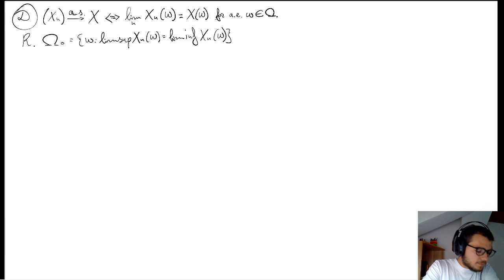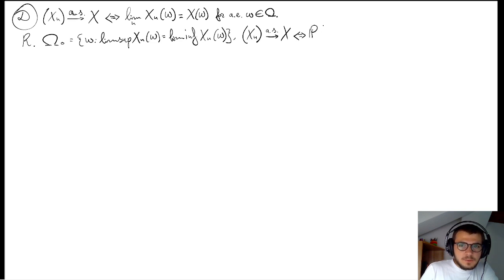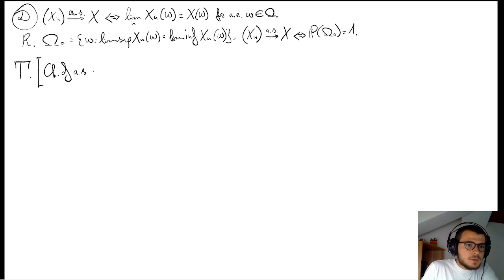Then Xn converges almost surely to X if and only if the probability of Omega 0 is 1. So if and only if Omega 0 is an almost sure event, and now we see again the theorem that characterizes almost sure convergence. Characterization of almost sure convergence.